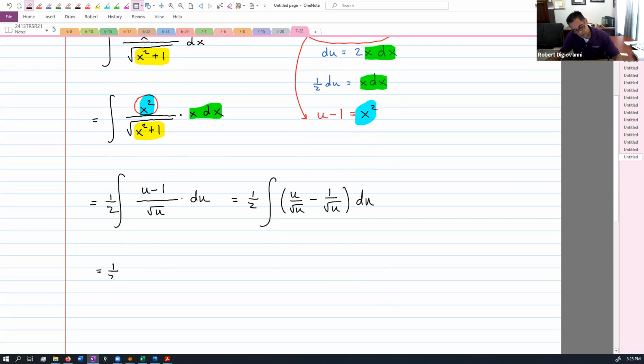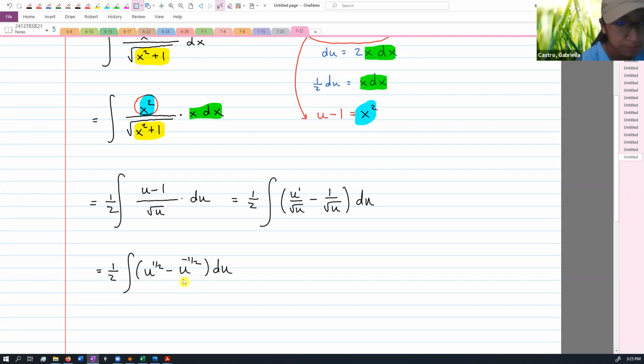I'm not doing the antiderivative yet, just exponents here. So this should give me u to the half minus u to the negative half du. So that's u to the 1 over u to the 1/2. You subtract the powers, you get u to the half, and then bring this up on top, you get that.